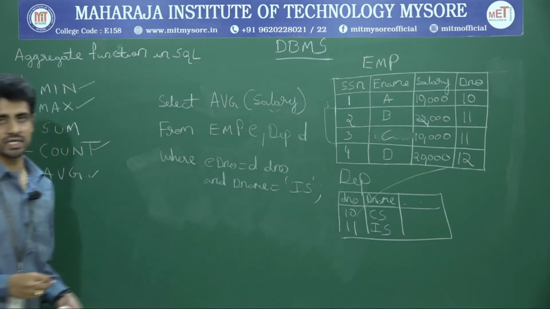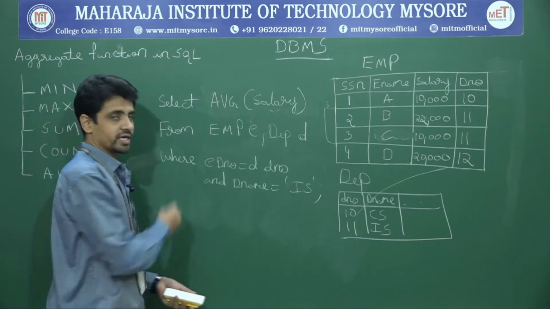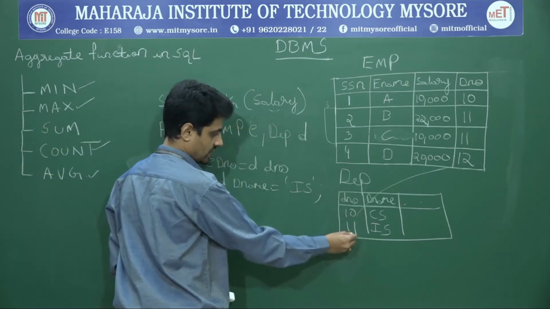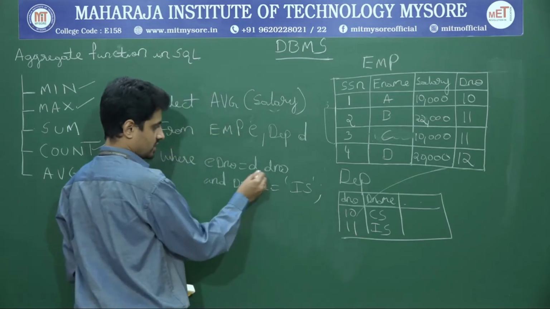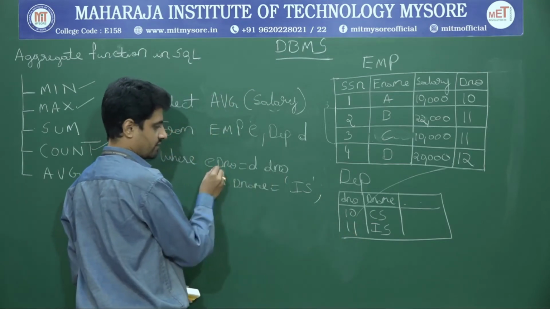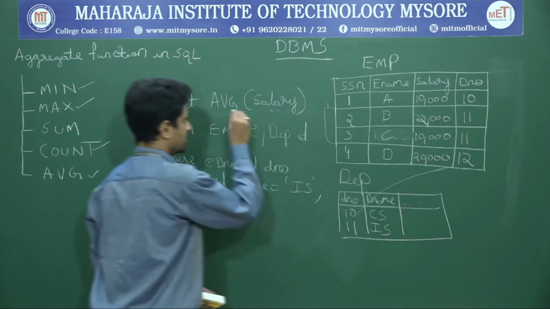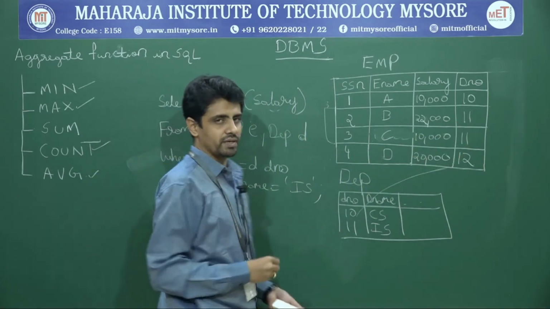I need to put an additional condition now. What condition? A join condition. First it will take the department number of IS in the department table, 11. Then 11 from the department table is joined with 11 from the employee table. Is it present? Yes. It is present twice. So twice it will be taken and the average will be worked on it.